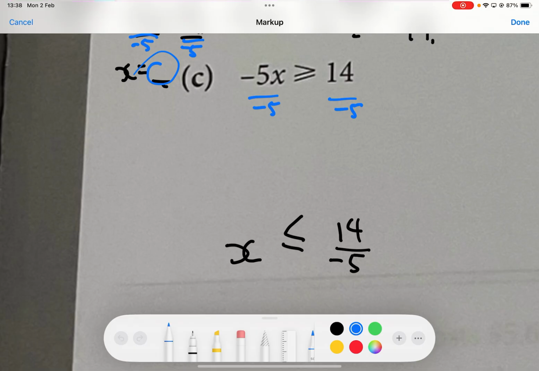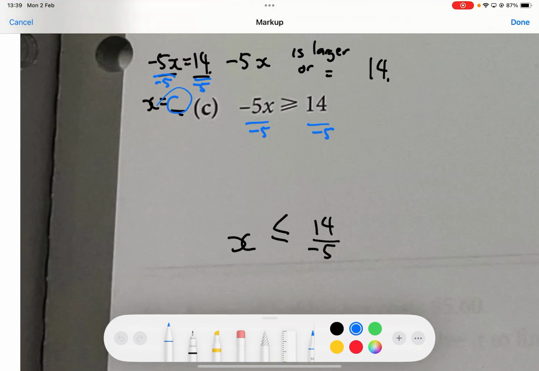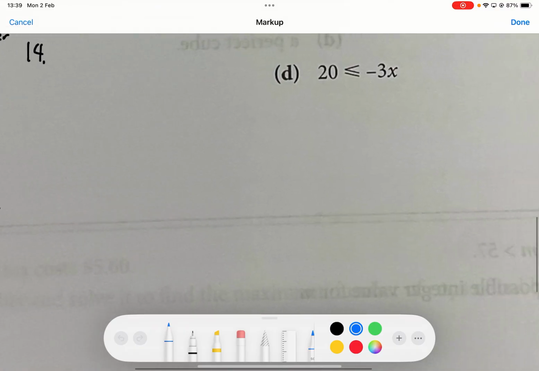So to get negative 5x larger than or equal to 14, every x must be smaller or equals to 14 over negative 5. If I obey this line, then it will fulfill this condition. That is the idea.